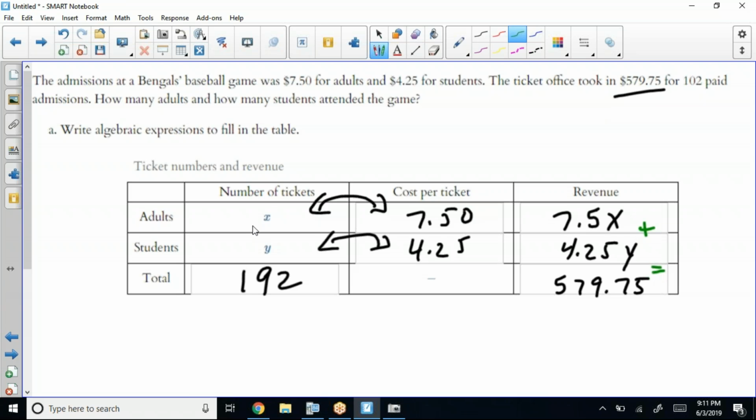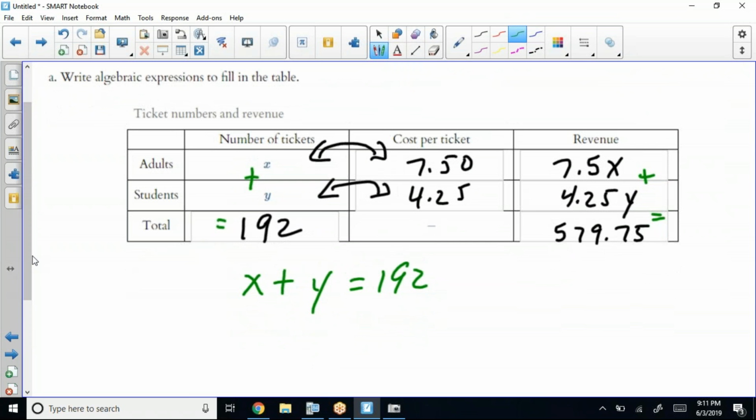So it's going to give us two equations right here. So we have x plus y equals 192. And 7.5 times the number of adult tickets plus 4.25 times the kids' tickets would give me a total of $579.75.